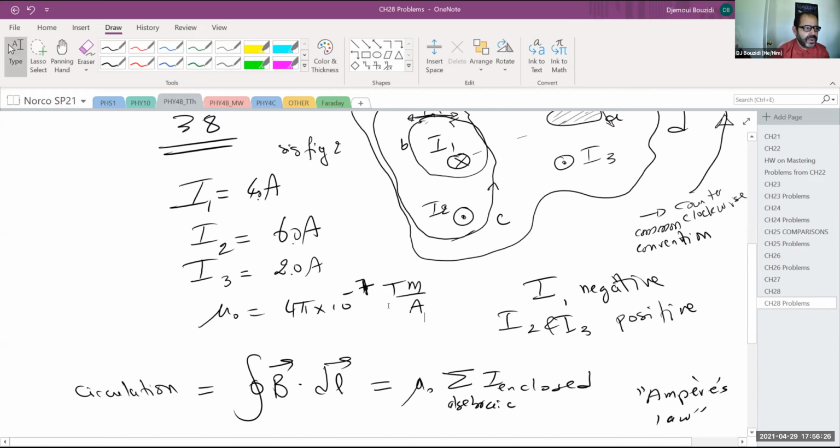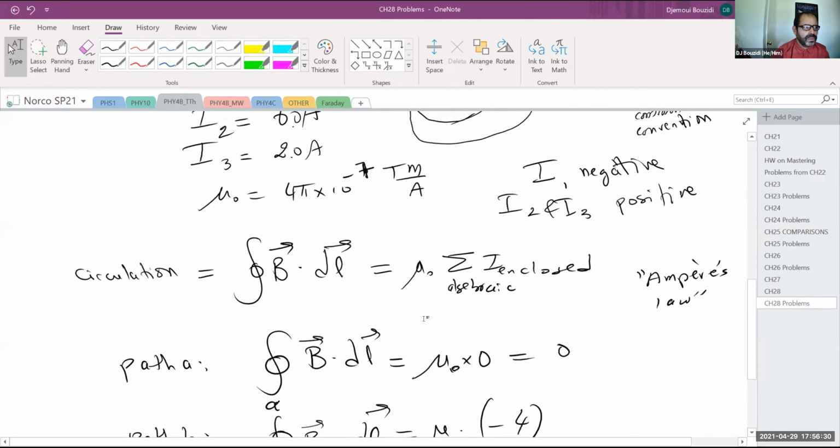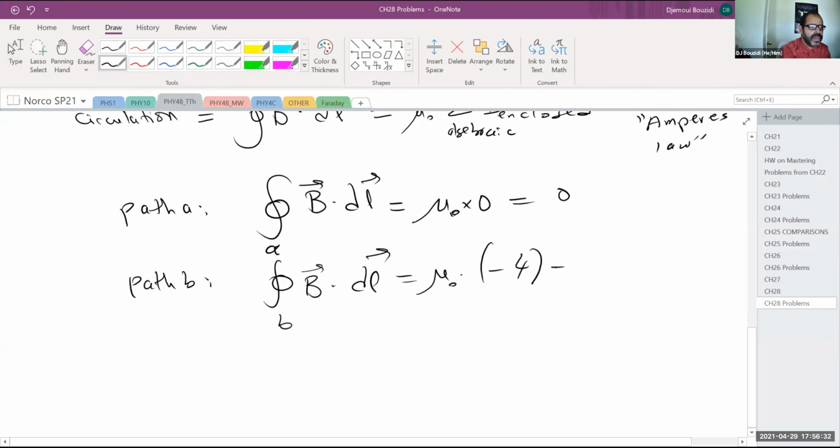That is the unit for mu naught, okay? So I need to plug in that value in here, so it's going to be negative 4 times 4, that's 16, times pi, times 10 to the -7 Tesla meter, because the amp and the amp in the denominator in here will cancel, and it's going to be Tesla meter.